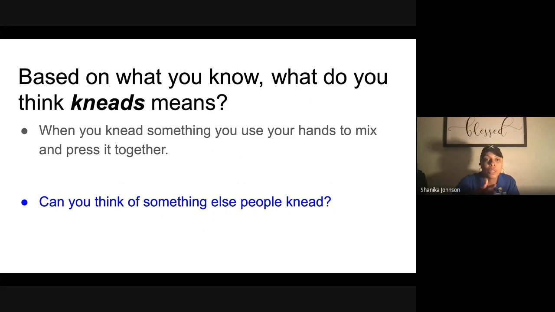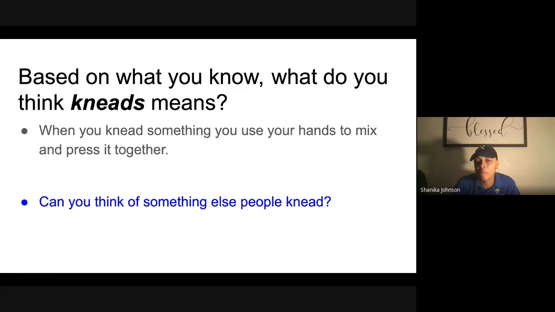So based on what we know, knead must mean something you use your hands to mix with. You took that Play-Doh and you used your hands to mix it, and you used your hands to press it. So knead is when you use your hands to mix and press something together. Can you think of something else people might knead?